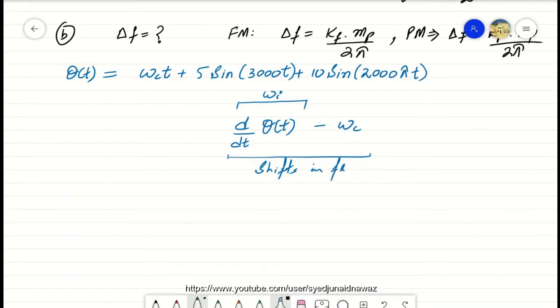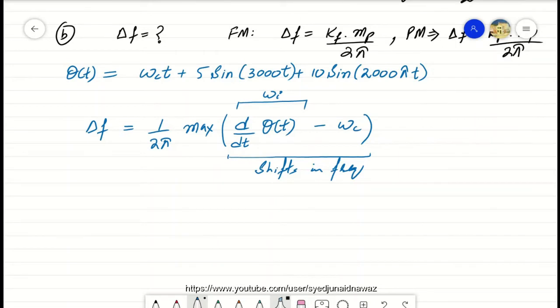And if we take the peak value of this shift in frequencies, then that will be the peak frequency shift. And if we divide it by 2 pi, we can convert it to hertz from radians per second. So that will represent the peak frequency deviation being experienced by this exponential modulated signal.